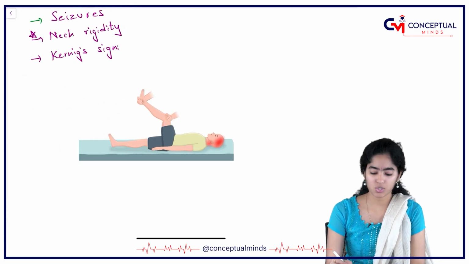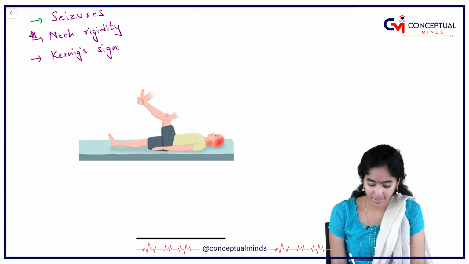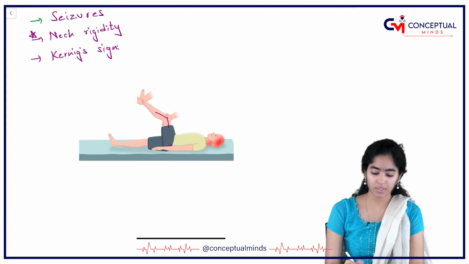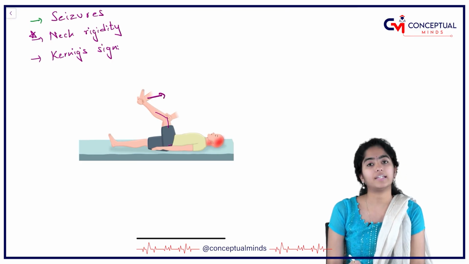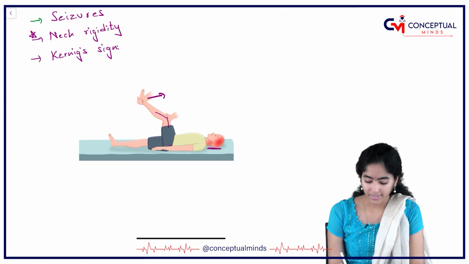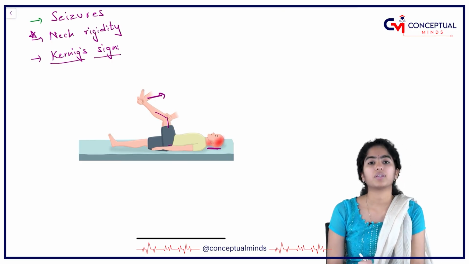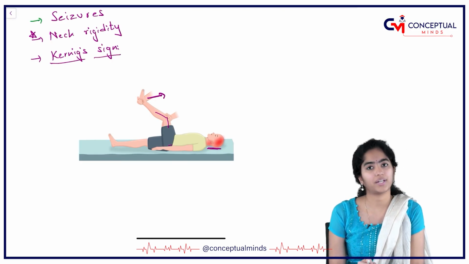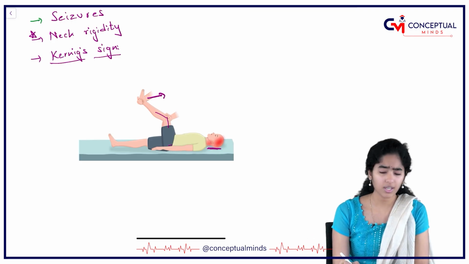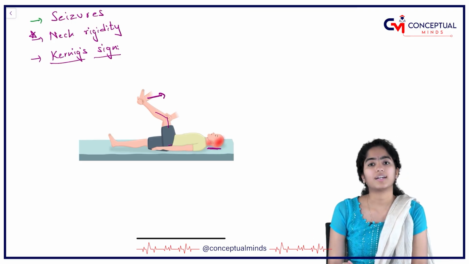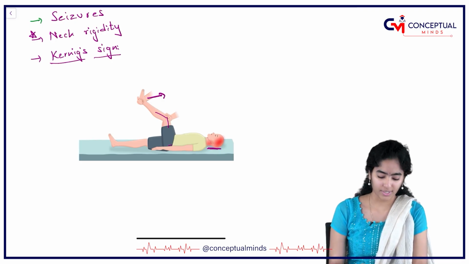As you can see in this picture, the patient's hip is flexed, the knee is flexed, and the examiner is trying to extend the knee. This will cause pain to the patient. This is Kernig's sign, which is classically seen in meningitis. It's a simple bedside test that can be performed, and that should raise a suspicion of meningitis.